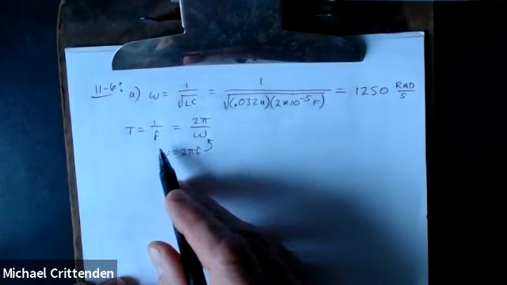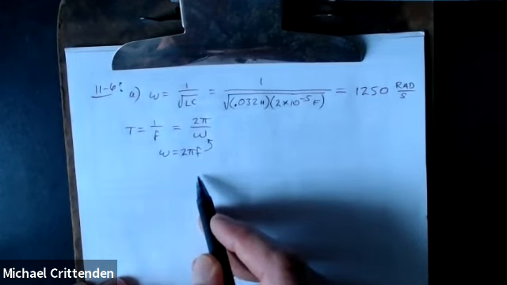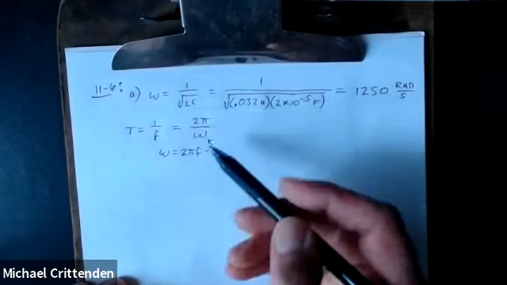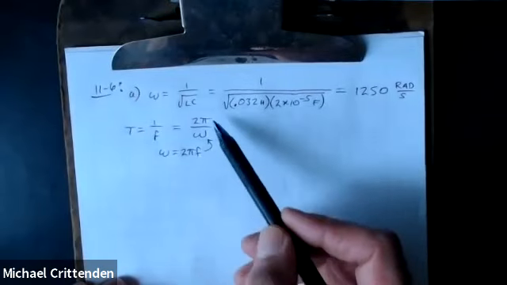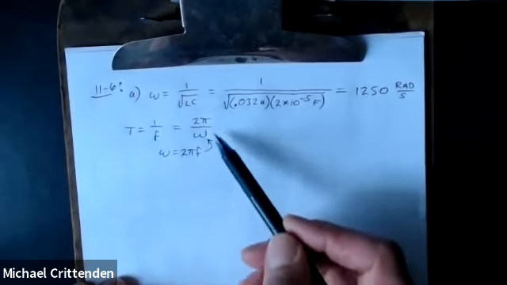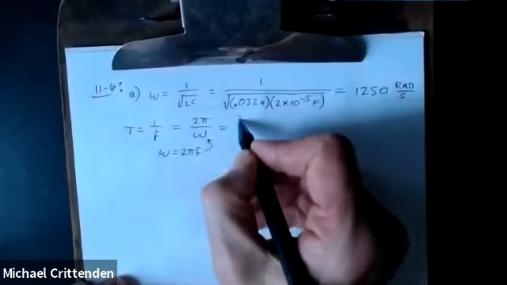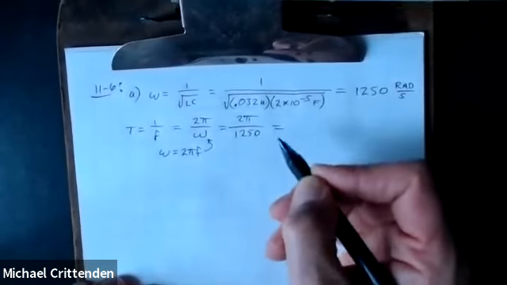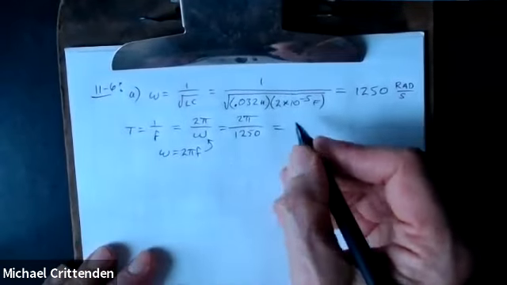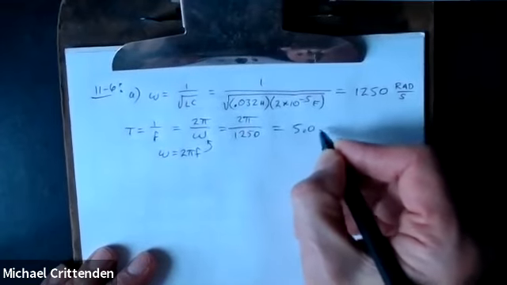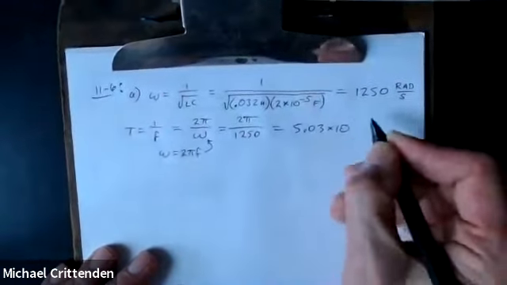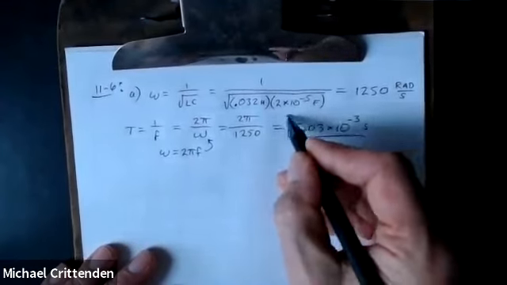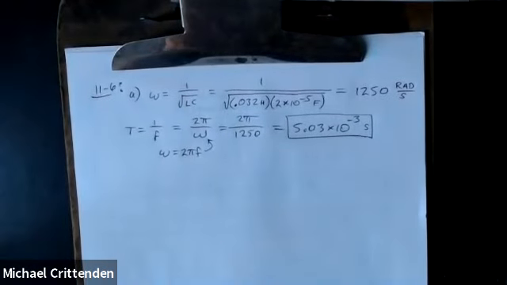Divide both sides by f and divide both sides by omega, and it follows that 1 over f equals 2 pi over omega. So 2 pi over the 1250, and the period is just a little more than 5 milliseconds.